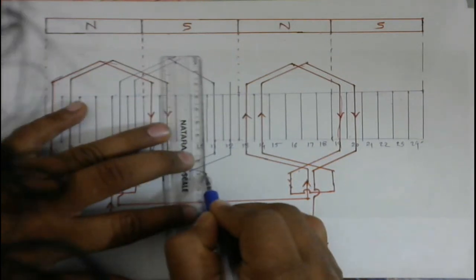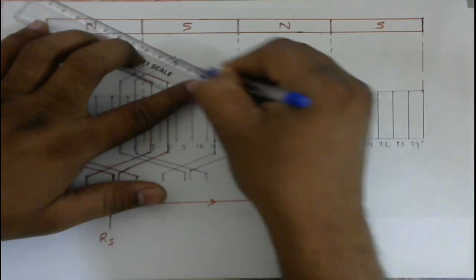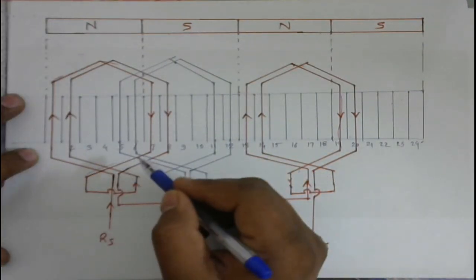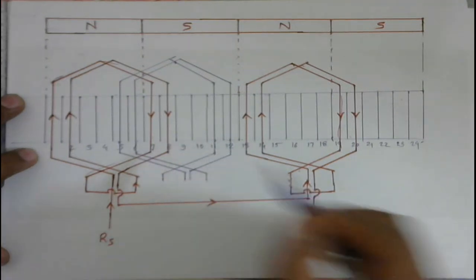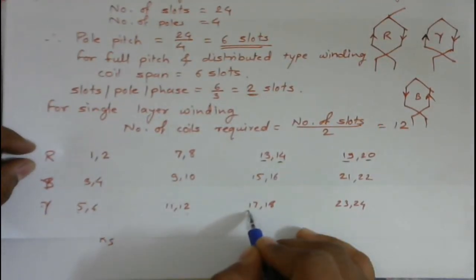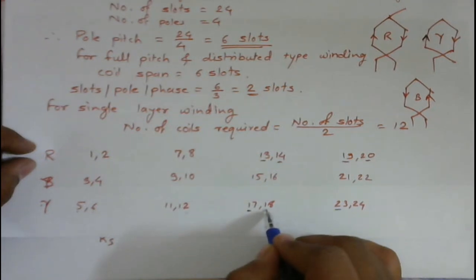In this way, I just placed the first two coils of this Y phase. Then what about the second or remaining two coils? It will be from 17th to 23rd and 18th to 24th.